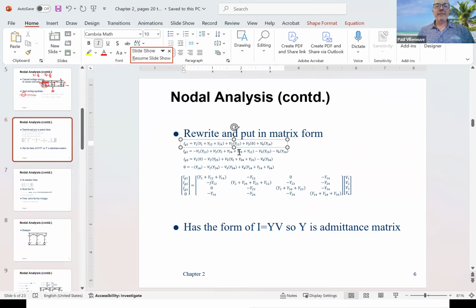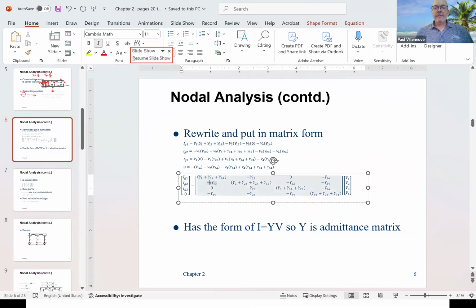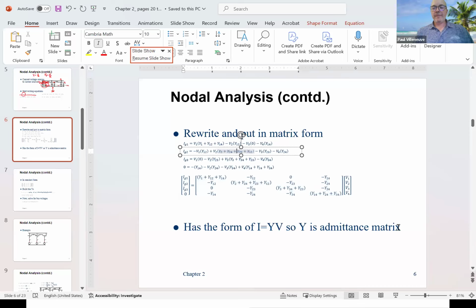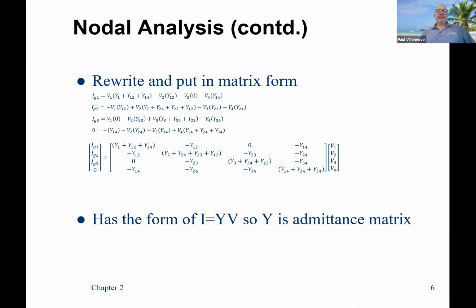These should all be negatives. And there is no J term here, so that should go away. Thank you. Any day now. So the negatives are there.